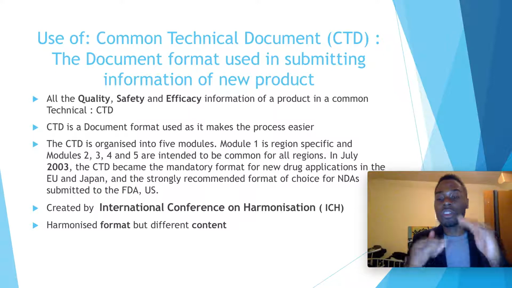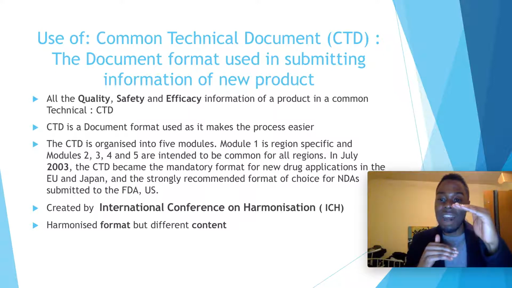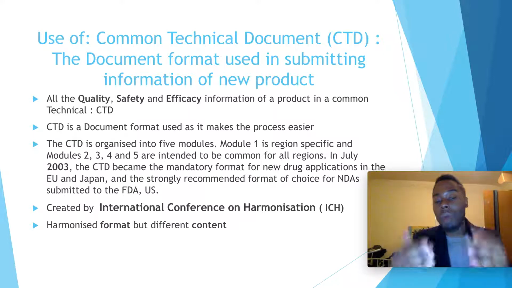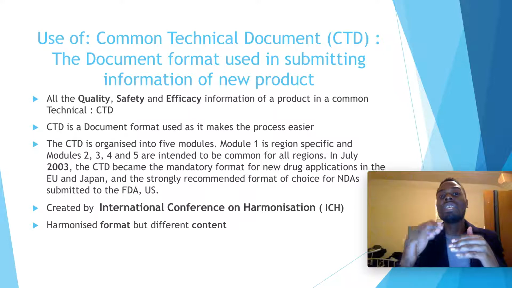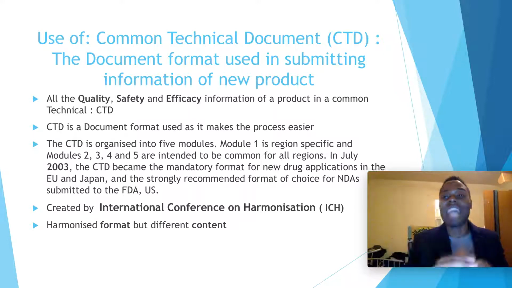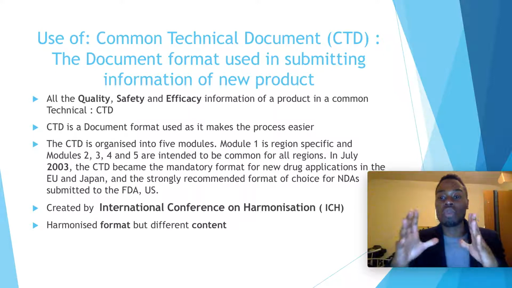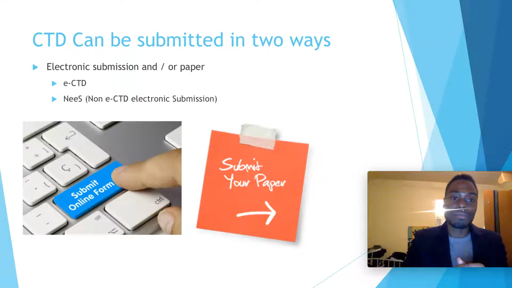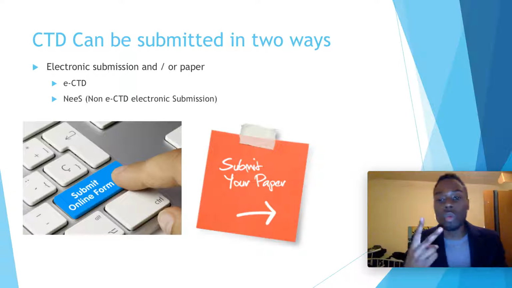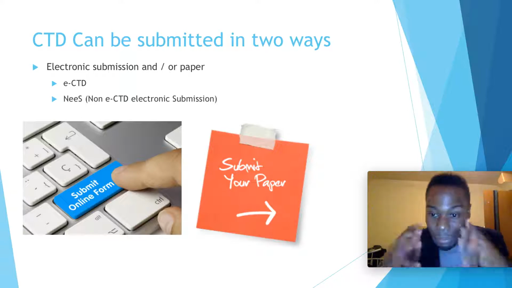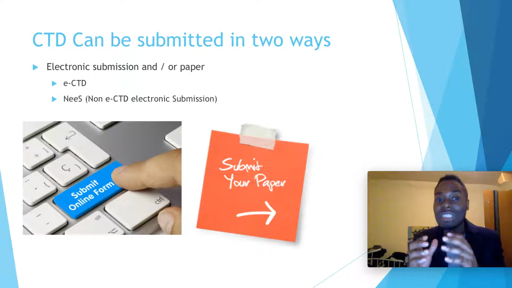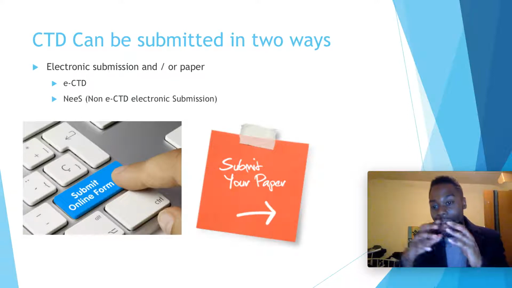So the format of the document is the same, but if you want to put a new product into public use, you can use that specific format, just change the information in the actual document, and then submit it. So you can submit it in two ways. Okay, so two ways you can actually submit this document, which is electronic submission or in paper format.